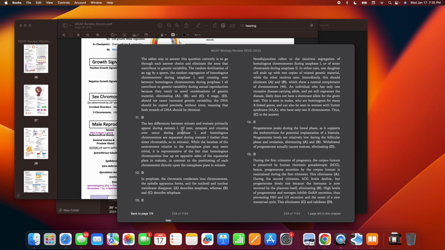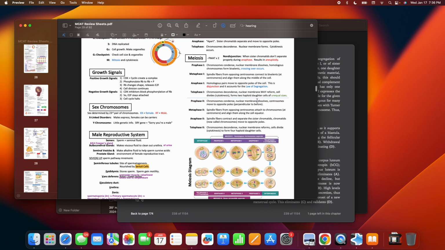Of note, synapsis and crossing over occur during prophase 1. Homologous chromosomes are separated during meiosis 1. So this is called synapsis and crossing over. We have it here, right? Crossing over in meiosis.